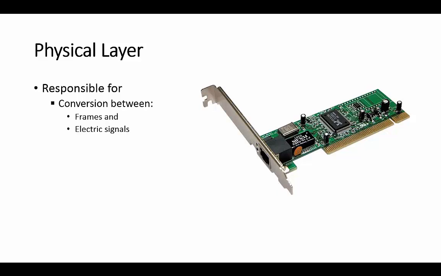If the frame is transmitted through a fiber optics cable, then of course the frames are translated into light signals instead of electric signals. And when the signal is received by the receiving side, whether it is electric or light, it is transformed into zeros and ones and then turned back into frames.